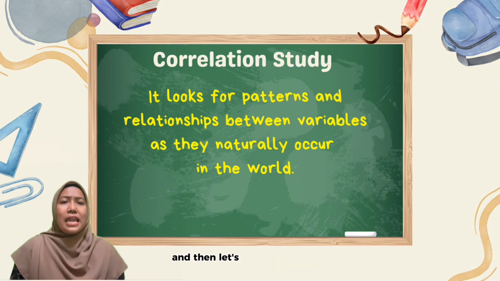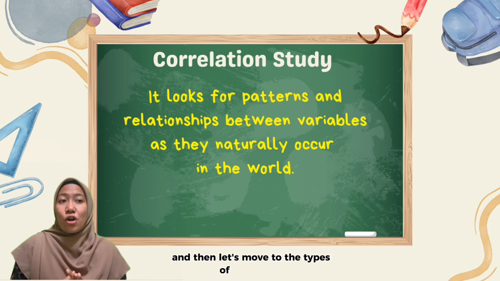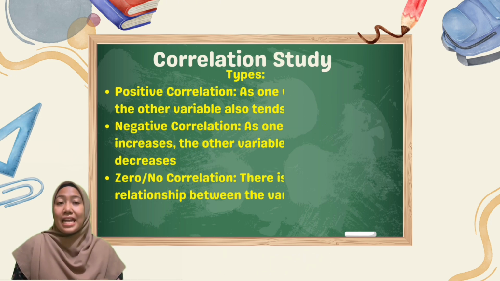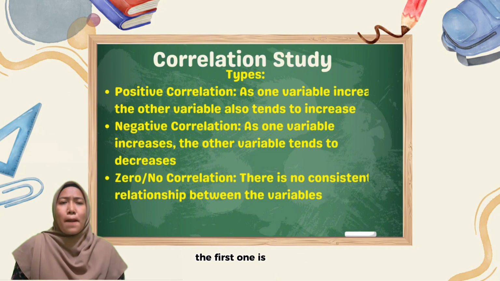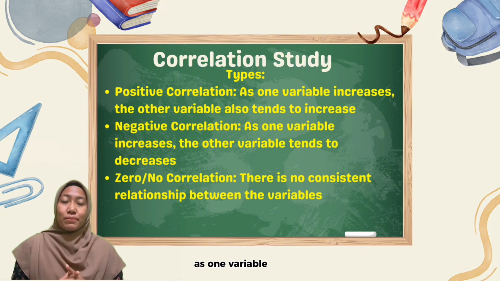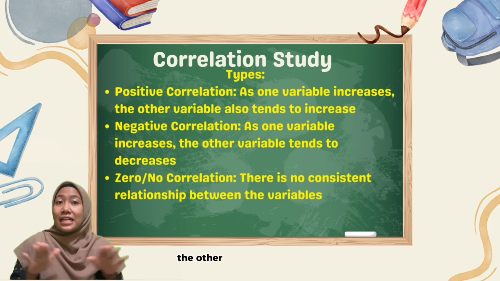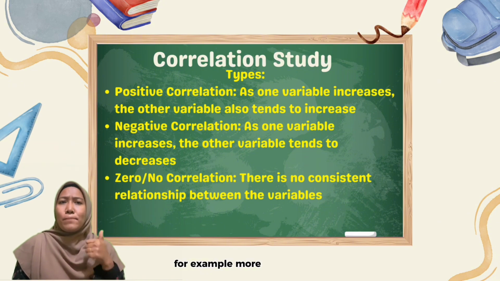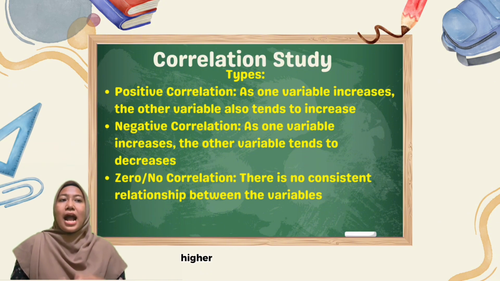And then, let's move to the types of correlation or relationship. The first one is positive correlation. As one variable increases, the other variable also tends to increase. For example, more hours studied, higher exam scores of the student.